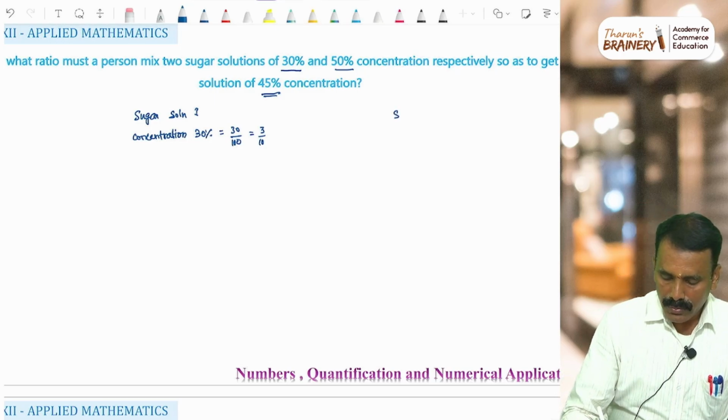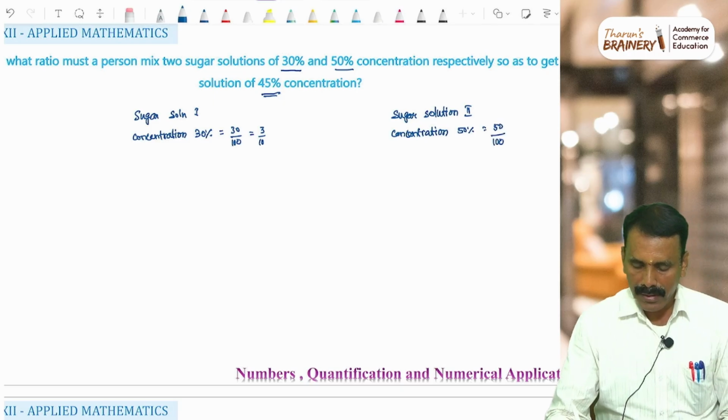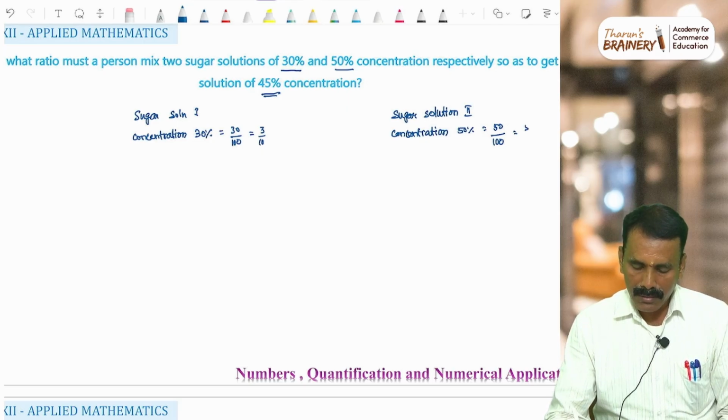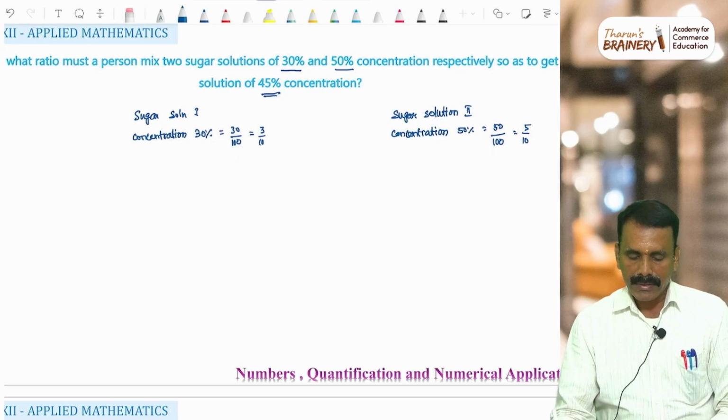In sugar solution 2, the concentration is going to be 50%. That is nothing but 50 by 100. This is nothing but 1 by 2, but we try to retain the same denominator so that the calculation becomes convenient for us.